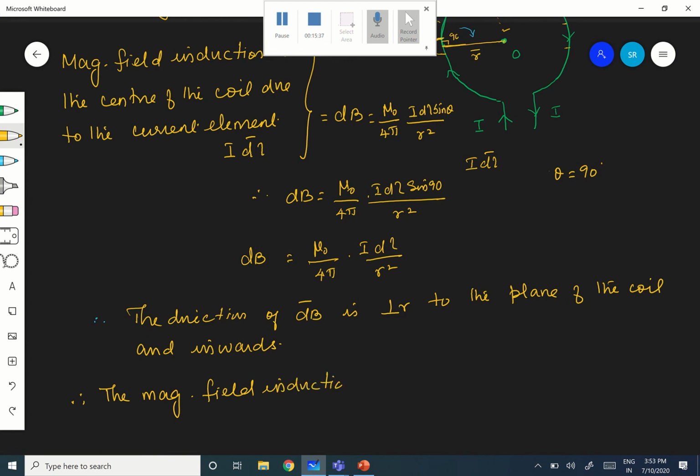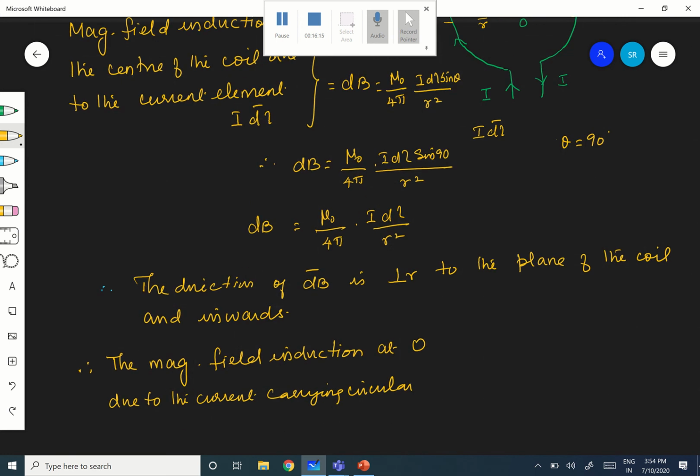Even if I write magnetic field, it means magnetic field induction, or B only, also called magnetic flux density. So the magnetic field induction at O, that means at the center, due to the current carrying circular coil, is nothing but B. That is the magnitude. The direction is always the same: perpendicular to the plane of the coil and inward.